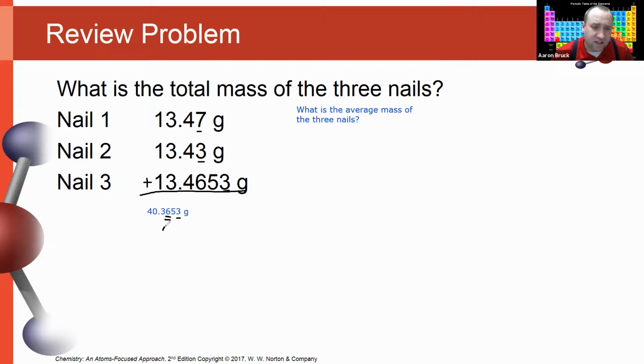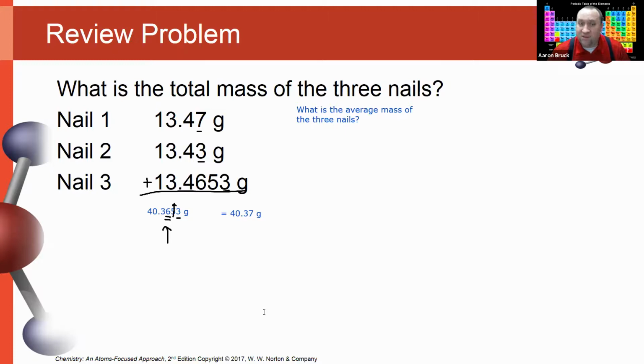Keeping with my weakest link principle, I'm going to round that 6 either up or down. Since 5 is next to it, I'm going to round it up. And so my value here is actually going to be 40.37 grams. That is what I record as the total mass of those 3 nails.